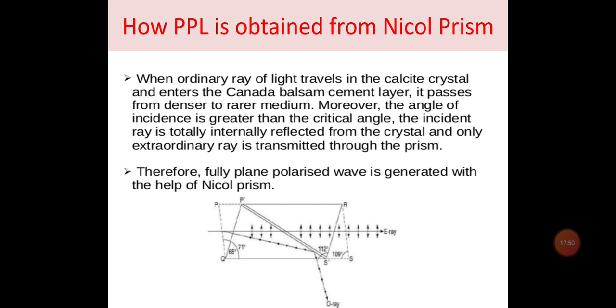So we should use slightly convergent or slightly divergent light, not a highly convergent or highly divergent beam. With the chosen dimensions, the angle between the extreme rays of the incoming beam is limited to nearly 28 degrees. Okay, so this is how we can obtain plane polarized light with the help of the Nicol prism.